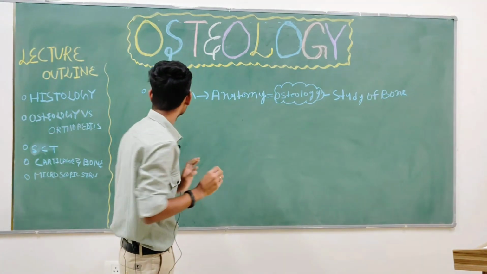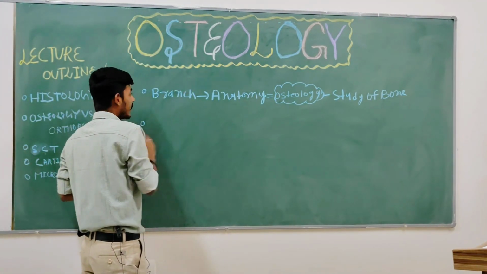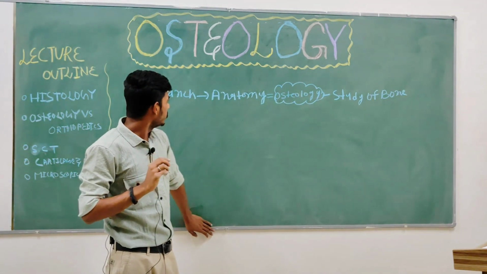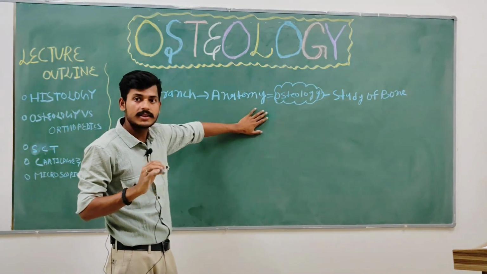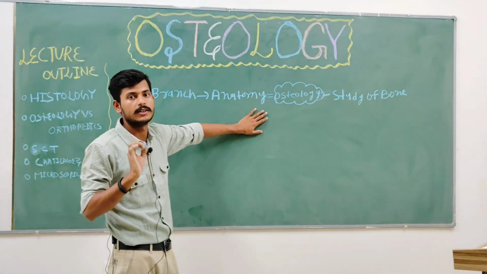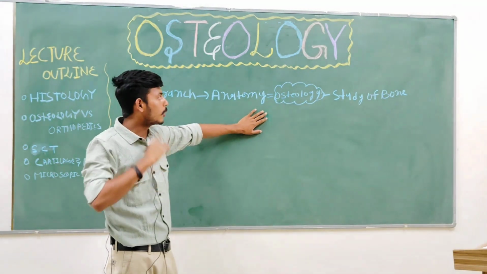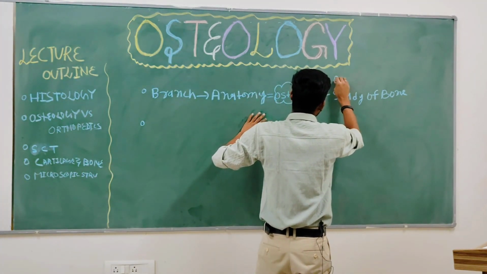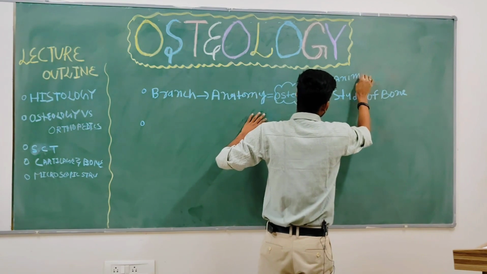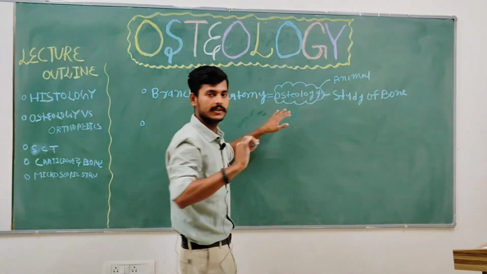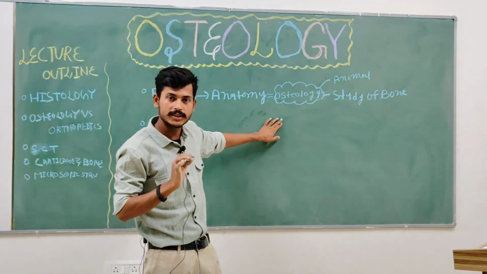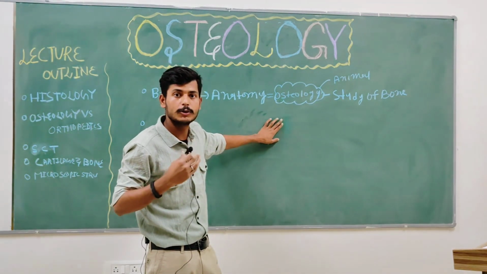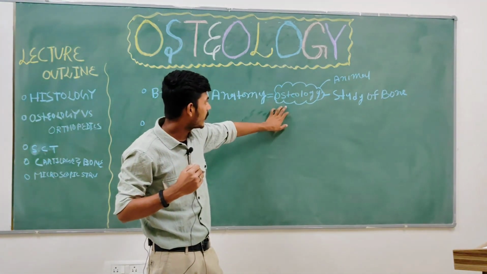Understanding? Clear? Now, osteology not only deals with the human bone, it also deals with animals' bones. There is a great use of osteology in the field of paleontology and some evolutionary studies.